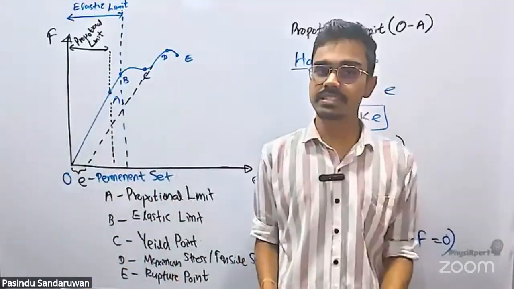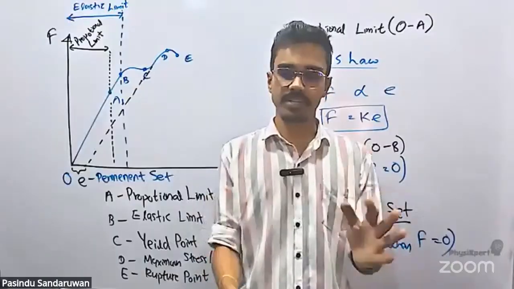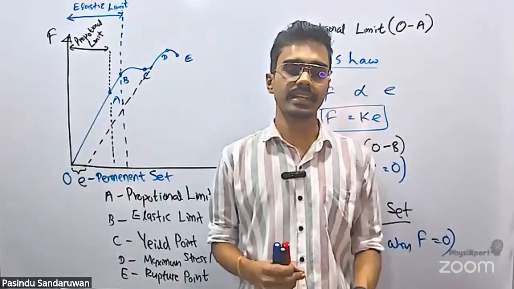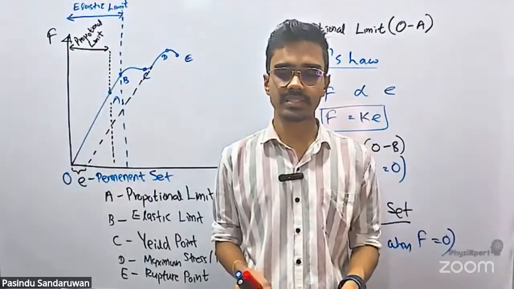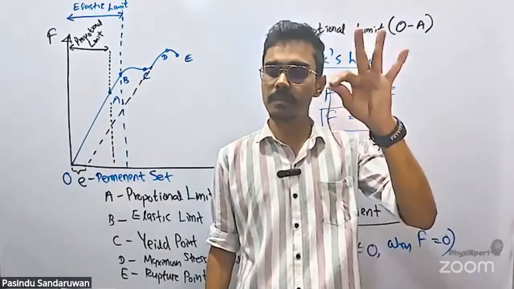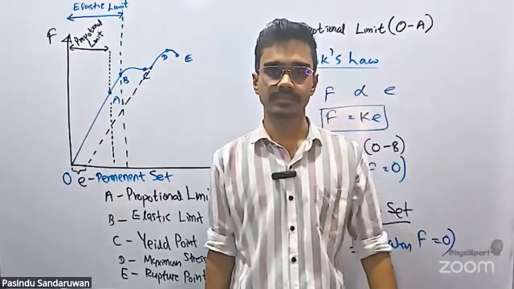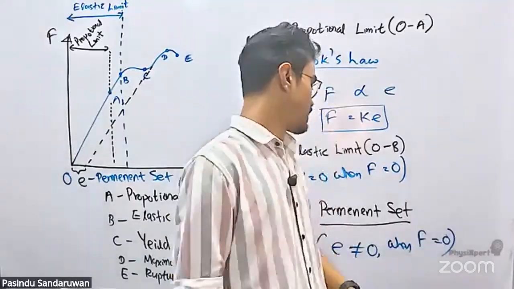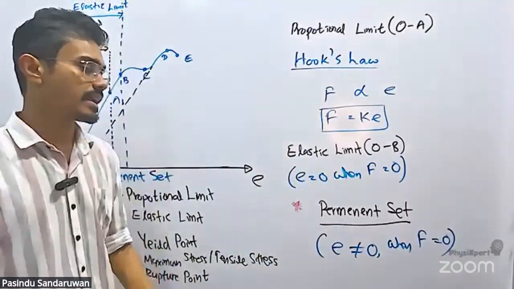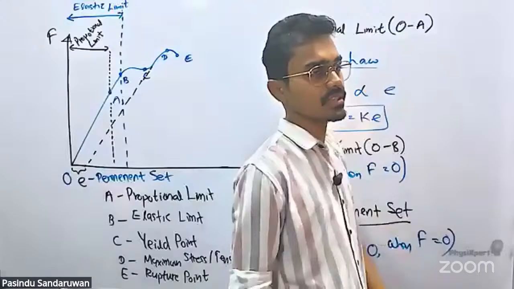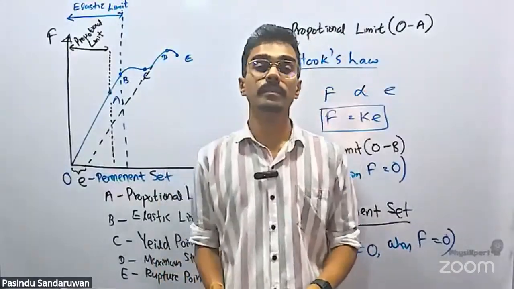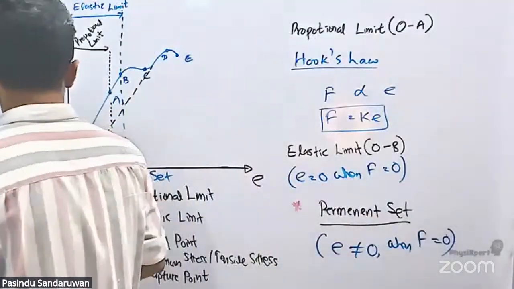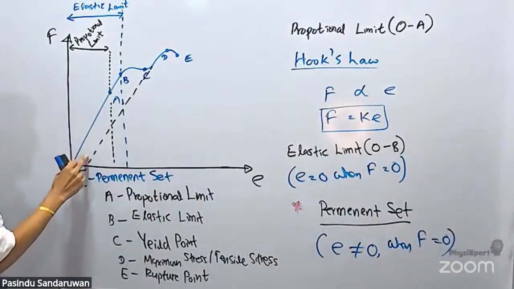So as the word says, permanent set is permanent. If this limit is exceeded, there's no comeback at all. Keep writing: this is called permanent set.